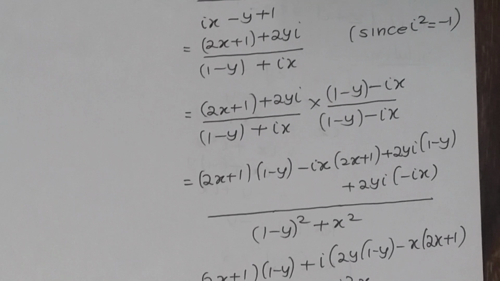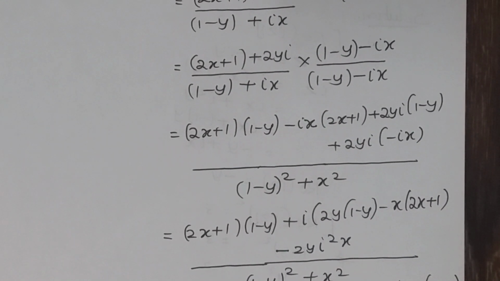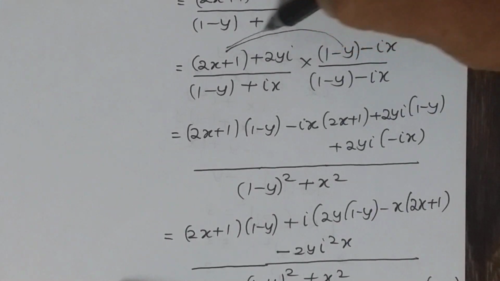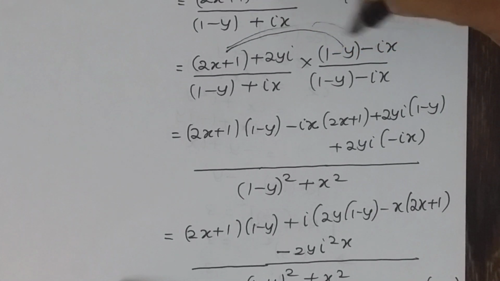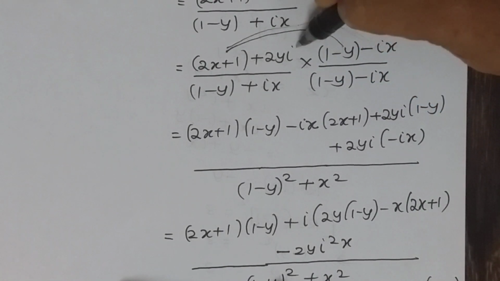Now you see the multiplication part. This step is very crucial students. Listen carefully. Same procedure only. First you should take the real part, then you should multiply these two. Similarly, you should take the imaginary part, then you should multiply these two.